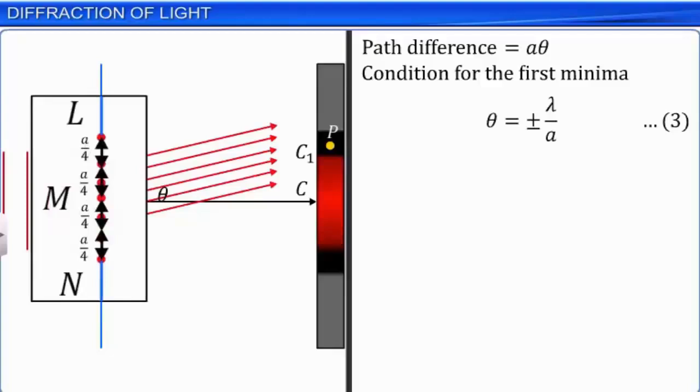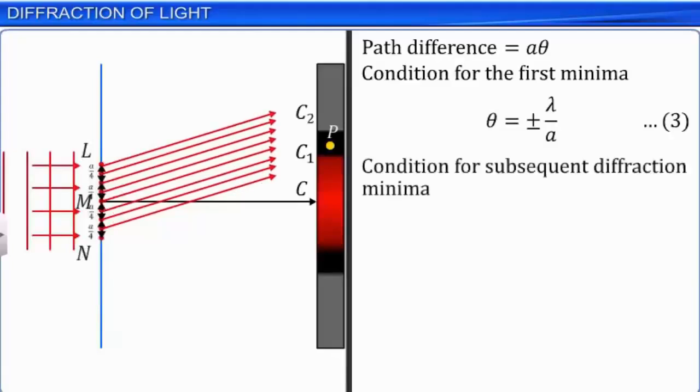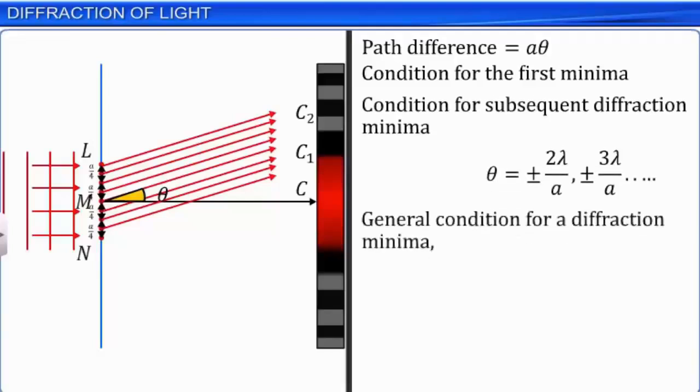And using a similar argument, we can show that the subsequent diffraction minima occur whenever theta is equal to plus or minus 2 lambda by A, plus or minus 3 lambda by A, and so on. So, the general condition for a diffraction minima can be written as theta is equal to n lambda by A, where n is an integer. Let this be equation 4.